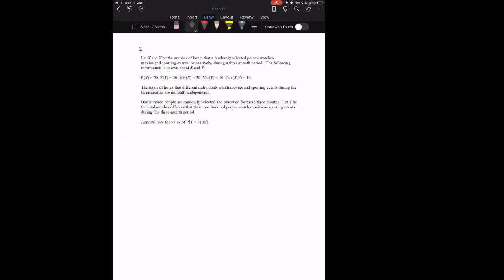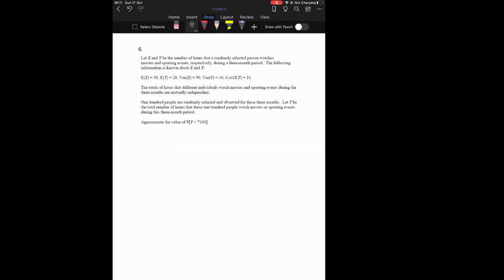The following information is known about X and Y. E of X is 50, E of Y is 20, variance of X is 50, variance of Y is 30, and the covariance of X and Y is given as 10. The totals of hours that different individuals watch movies and sporting events during the 3-month period are mutually independent. So we have mutual independence.